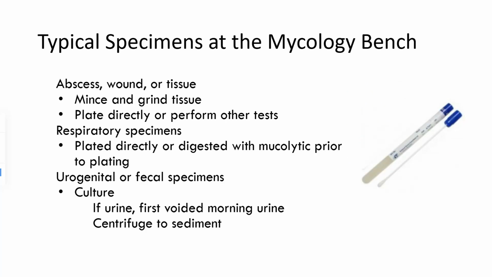Abscess, wound, or tissue: mince and grind the tissue, plate directly or perform other tests. Respiratory specimens: plated directly or digested with mucolytic prior to plating. Urogenital or fecal specimens: culture if urine, first voided morning urine, centrifuge to sediment.